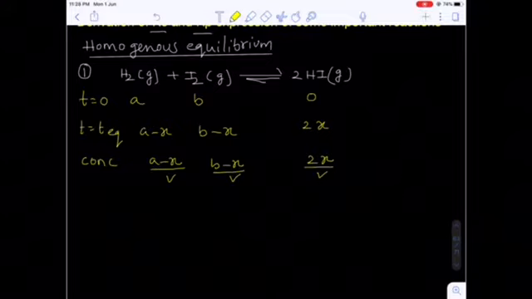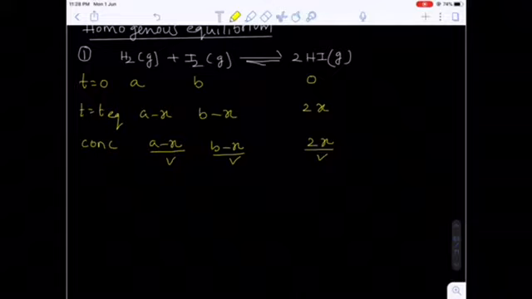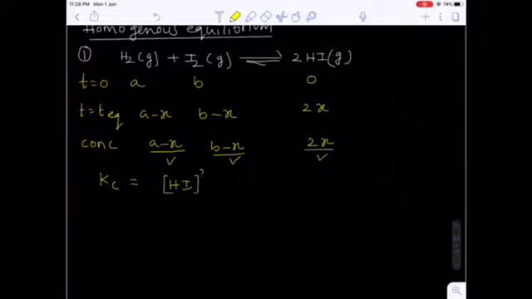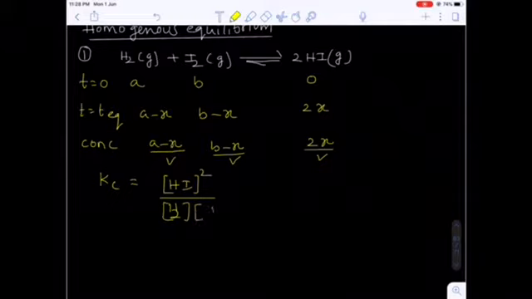Once we know the concentration of each species at equilibrium, it is very easy to find the Kc expression. Kc is equal to the concentration of HI whole square divided by the concentration of H2 multiplied by the concentration of I2.